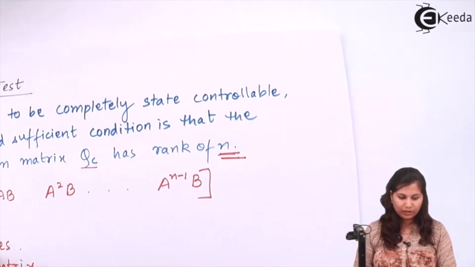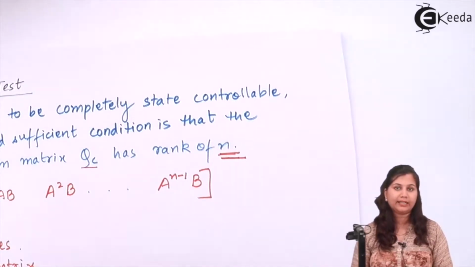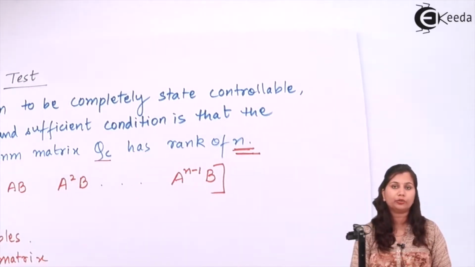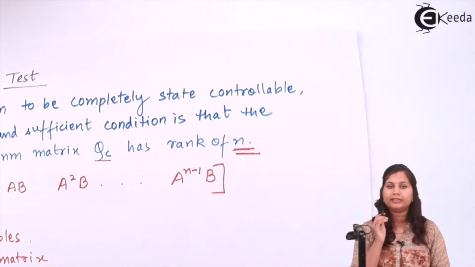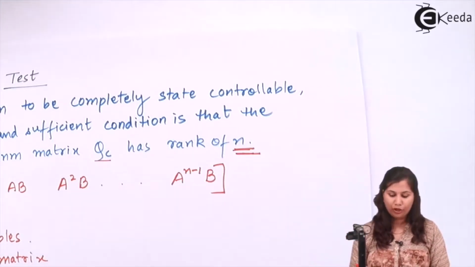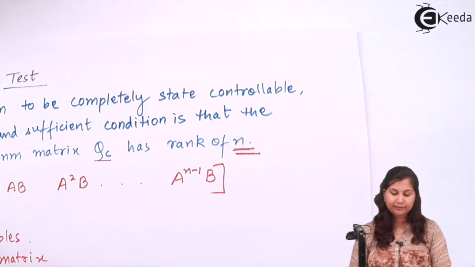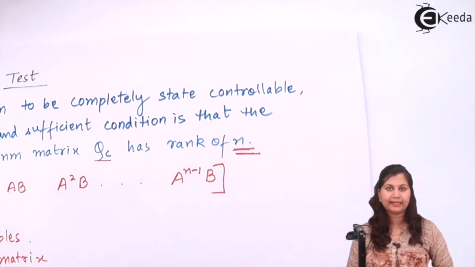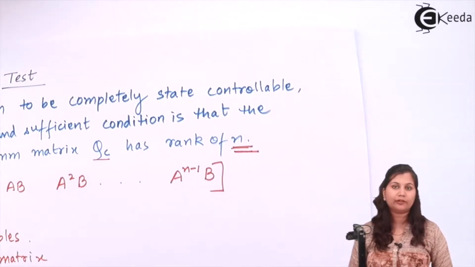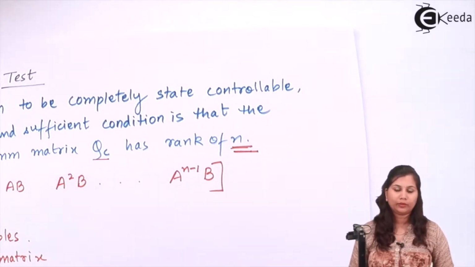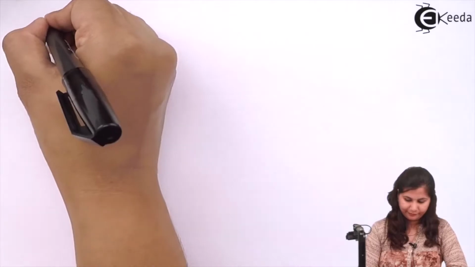Now, if there is no connection between a certain state and input, because the definition of controllability says that we have an input and this input is able to change the state from the initial state to the final state, that is x(t0) to x(tf). So if any of the states is not connected to the input, then that system will have a rank less than n, and that system is said to be uncontrollable.